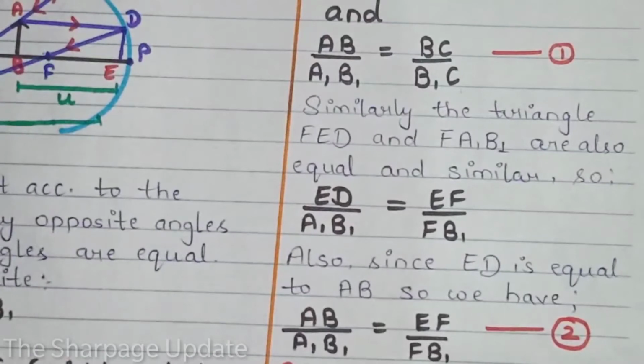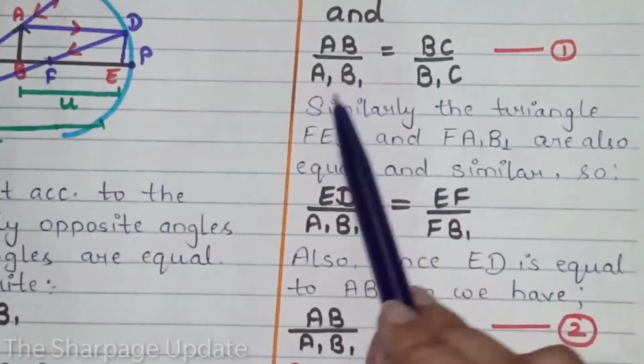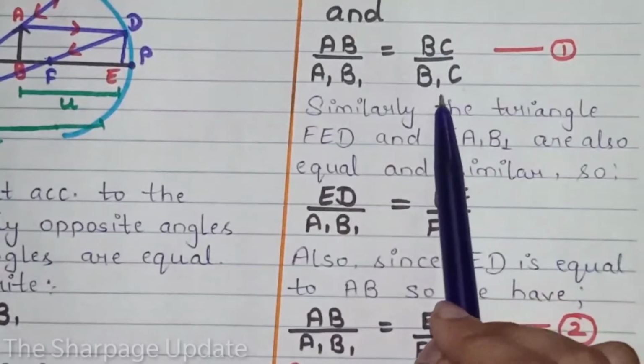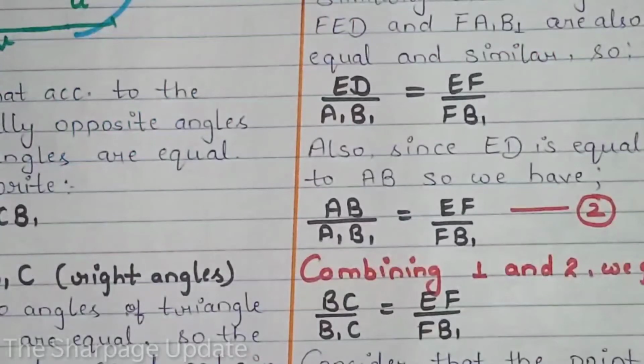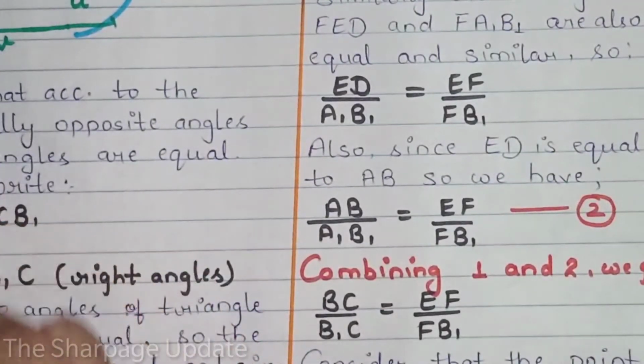Now let's combine these two equations. What do we get? AB upon A1B1 is equal to BC upon B1C, and AB upon A1B1 is equal to EF upon FB1. So by combining equations 1 and 2, we get BC upon B1C is equal to EF upon FB1.